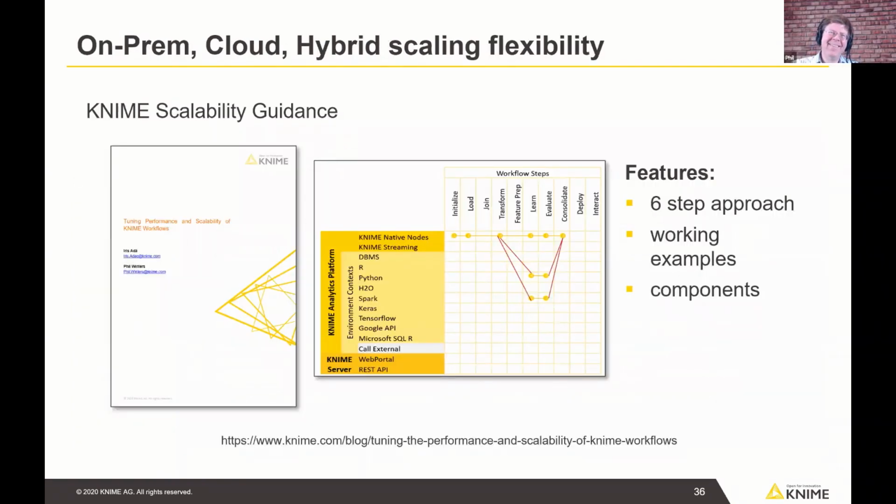And actually, with that, I'm going to hand it back to you, Phil, to talk about some of the hybrid scaling strategy here. One of the things that you're going to ask now is, oh my God, with all that flexibility, what do we do? Well, we can't give you an absolute answer, but from our experience, we can tell you a way forward, whether it's on-prem, cloud, hybrid, scaling, what's important for you.